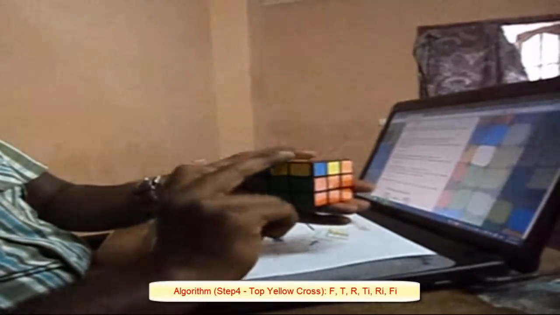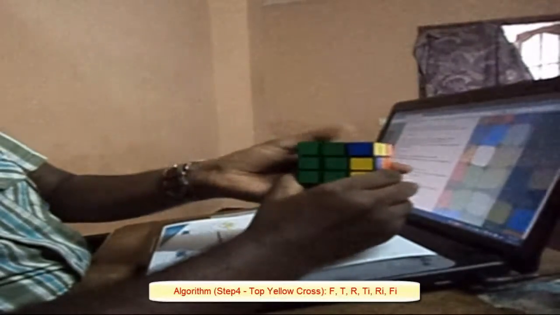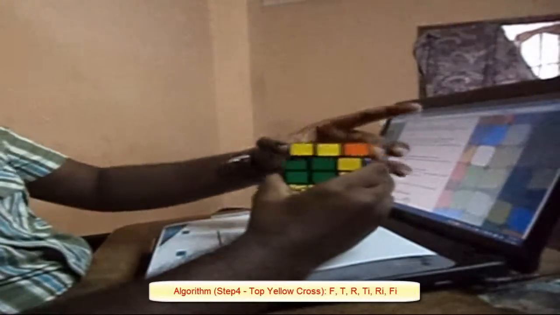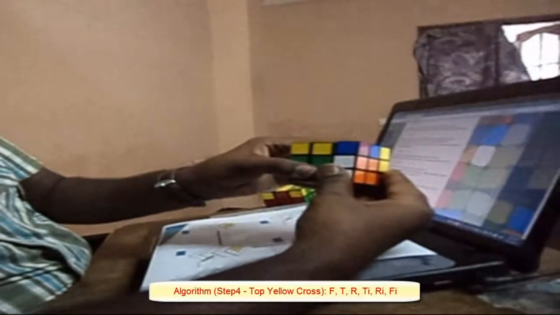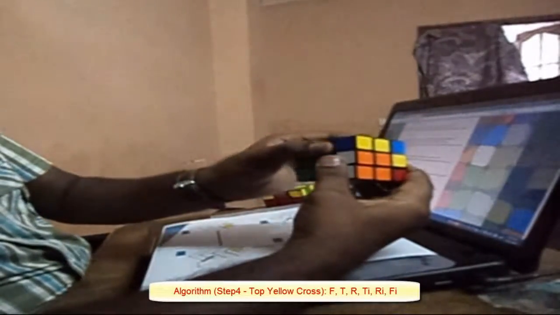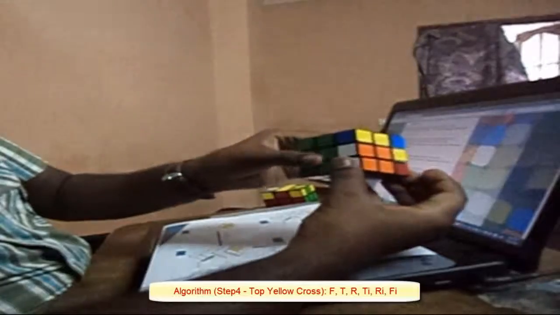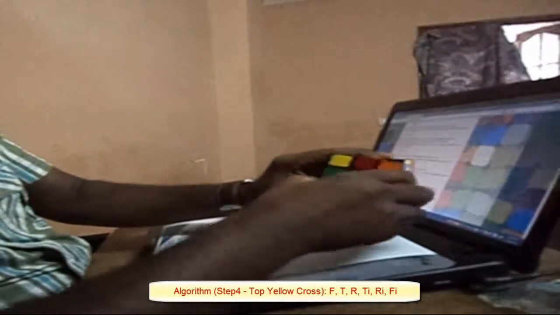So we can hold the cube any way. I'm just holding it like this, and then I'm performing the algorithm. The algorithm is front clockwise, and then top clockwise, and then the right clockwise, and then the top anti-clockwise, and then the right anti-clockwise, and then front anti-clockwise.